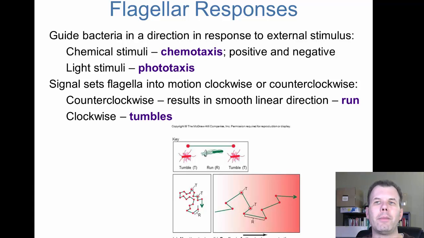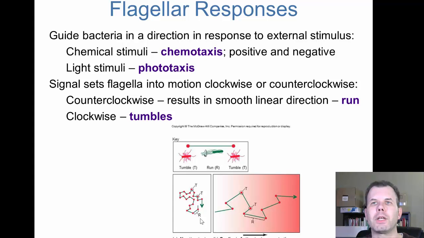And you can see some of the patterns here where the bacteria are moving in all these different directions. And if you watch that YouTube video that I posted, you can see the bacteria spinning around and moving in different directions depending on how their flagella spin. Again, I'm not going to ask you specifically what is a run or a tumble. I just want you to be aware of how these guys move. Depending on which direction they spin their flagella is the direction they're going to move in.